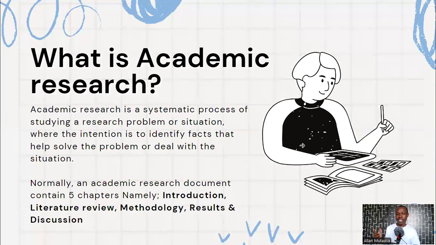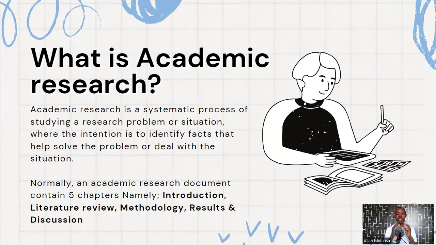So what exactly is academic research, if we are to ask ourselves? The term starts from 2 words: academic and research. Academic has to do with school, the university, books and reading. And research is to find out something.